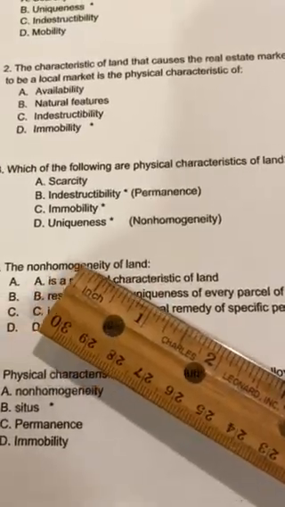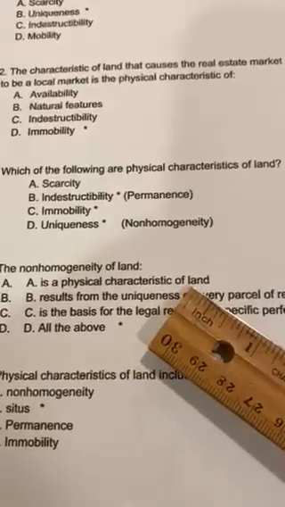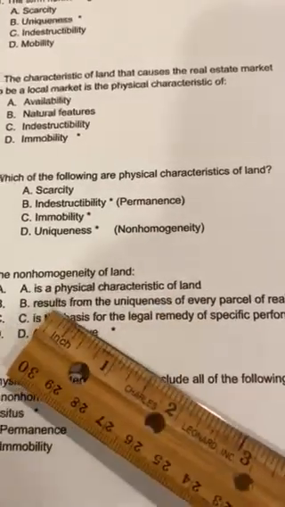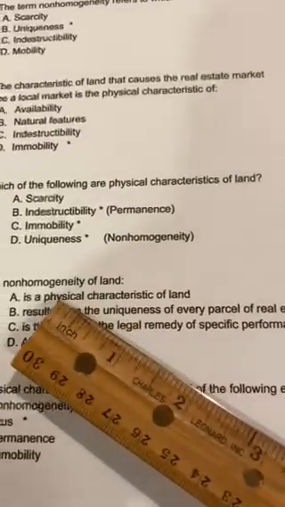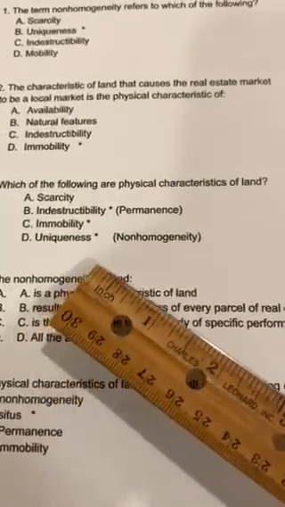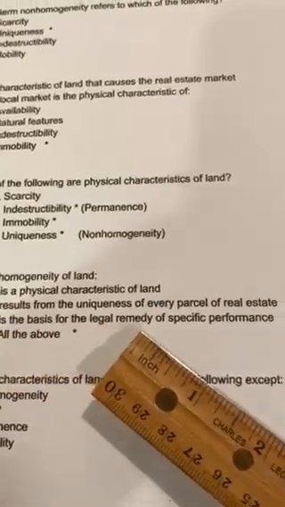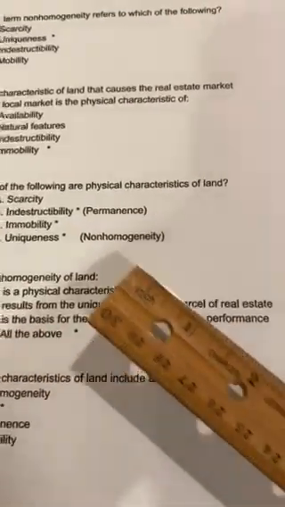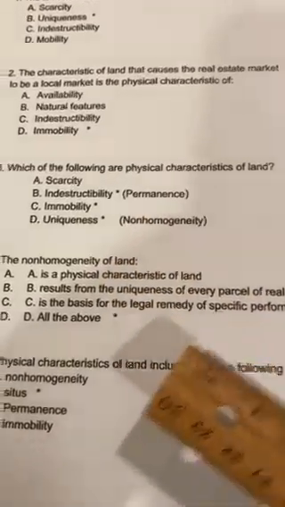We learned that it is a physical characteristic of land, and it results from the uniqueness of every parcel of real estate. We know that you associate non-homogeneity with uniqueness, and it's the basis for the legal remedy of specific performance, which we add also to specific performance.